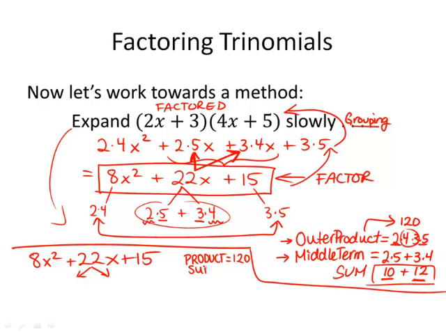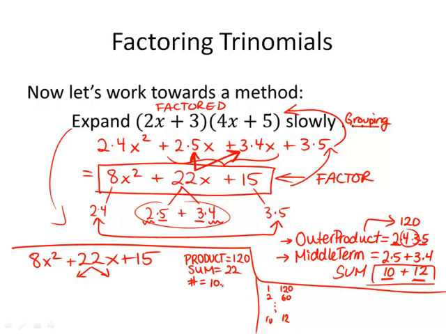The sum of my two numbers needs to be 22 because I'm splitting the 22 up. So basically we're looking for two numbers that multiply to 120 and add up to 22. We can do this similarly to as before. You could write out all the possible ways of multiplying to 120, 1 times 120, 2 times 60, and so on, until you reach 10 times 12.